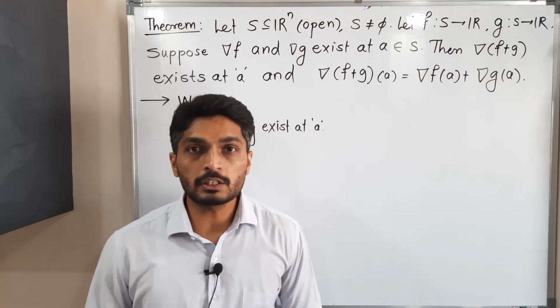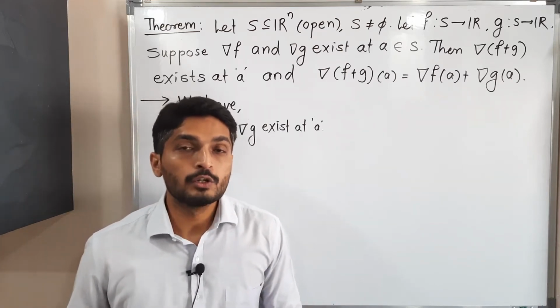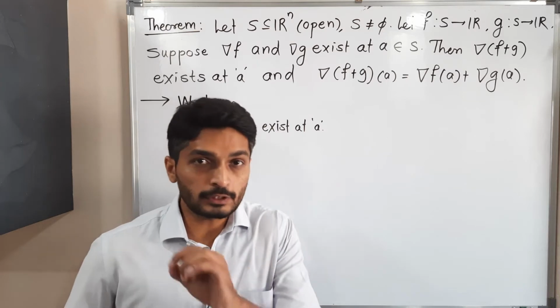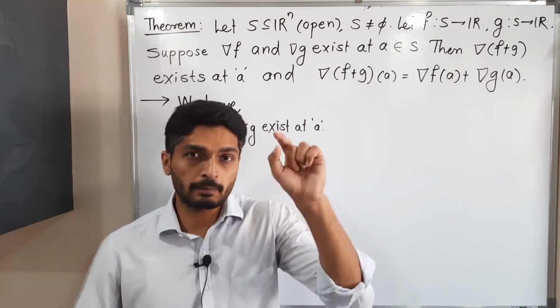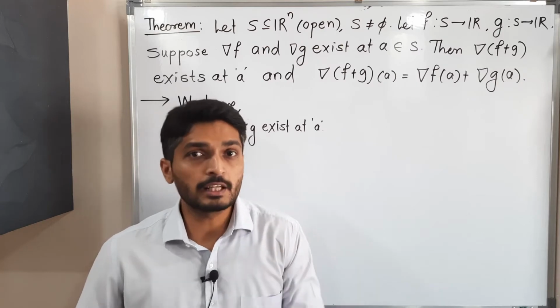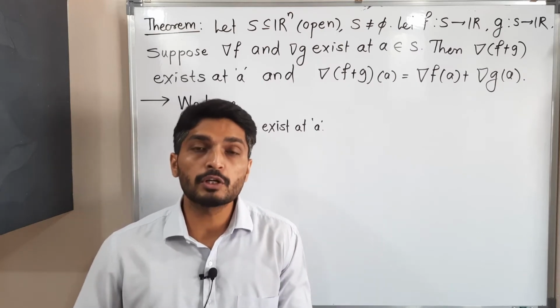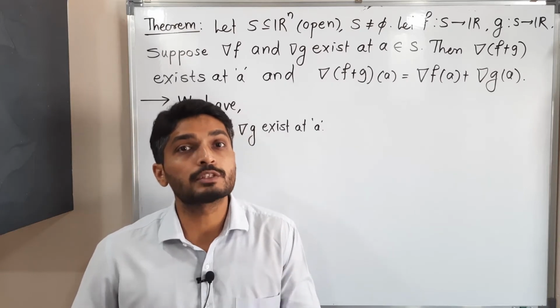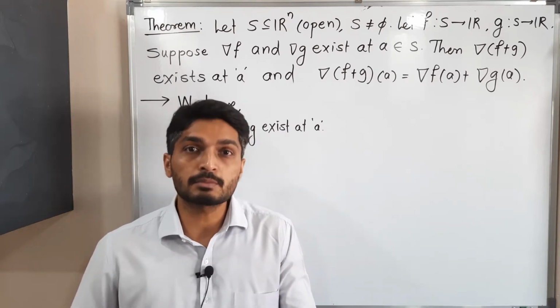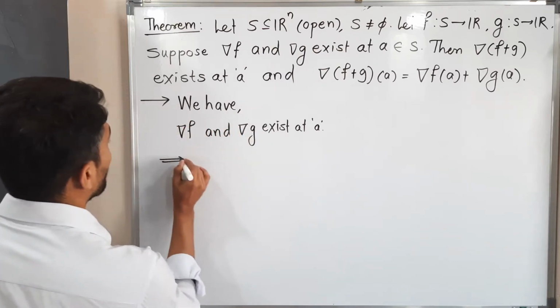Let us start with the given thing. Given thing is del f and del g exist at A. So you remember the definition of del f, that is, ∂/∂x1, ∂/∂x2 and so on, ∂/∂xn. Similarly, we can write for g. So del f exists. That means the partial derivative of f with respect to each of its components exists, and the same thing we can write for g also. So let us write that. Del f exists.